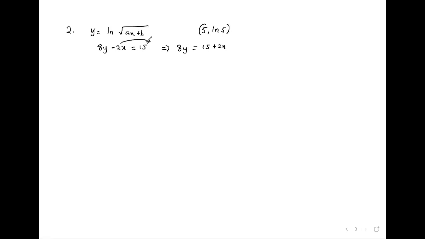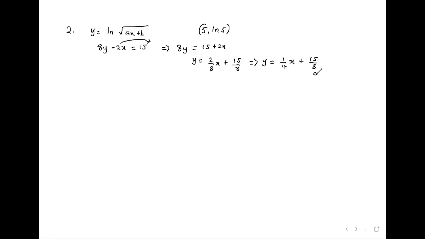So now we know that from this equation, it is parallel to the line. So from this line, we can see that y is equal to 2 over 8x plus 15 over 8, which is y is equal to 1 over 4x plus 15 over 8.